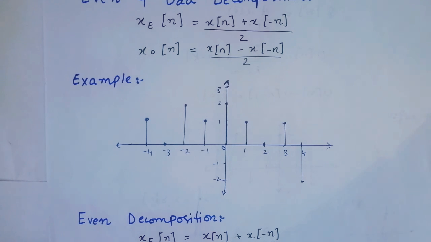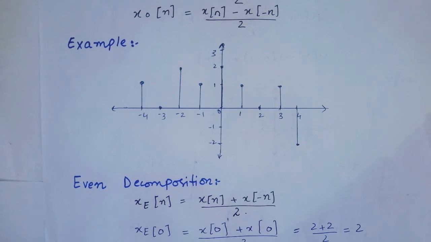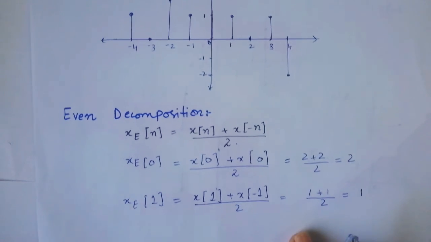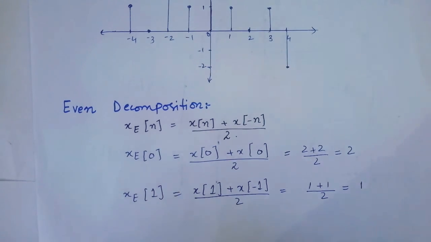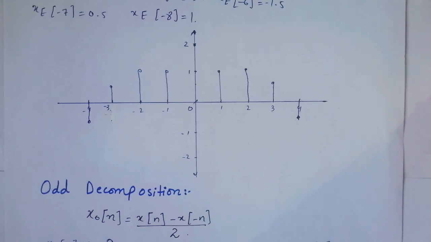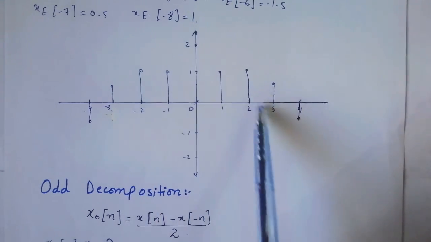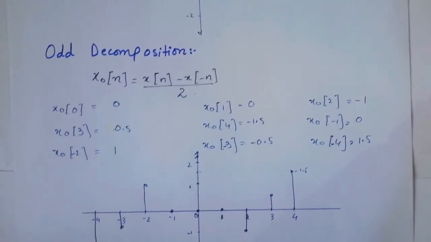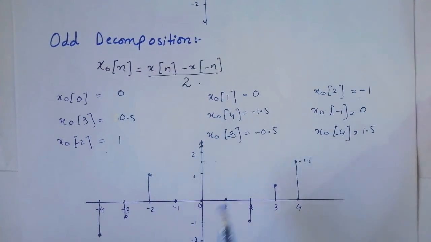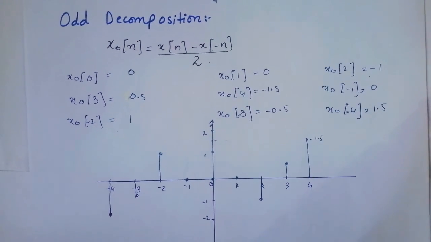We did the decomposition with the same signal that we split in the impulse form in here. There are some calculations involved which you can easily do on a calculator, so I didn't bother to write them down. That's how the graph will look. Same with the odd decomposition. These will be the values, and that's how the graph will look.